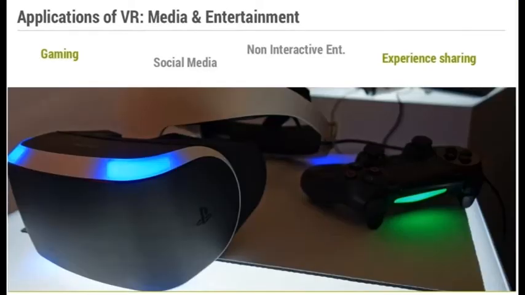Obviously, one of the initial applications was around media and entertainment, gaming, social media, interactive entertainment, and experience sharing. And one of the things that you will see through these examples is that it's always about going one step further on selling a product, including the experience of using that product.